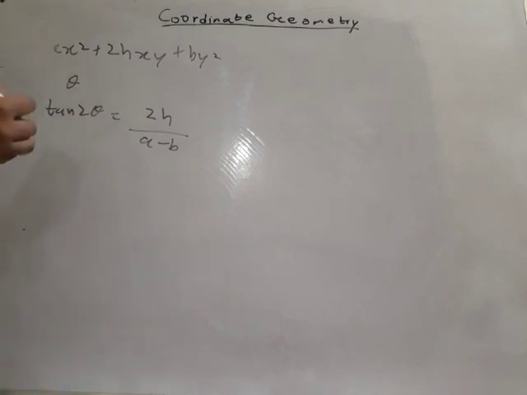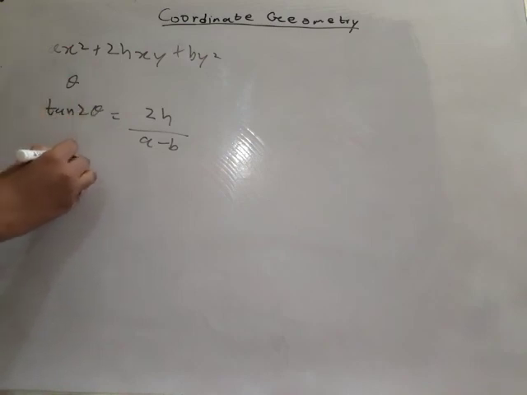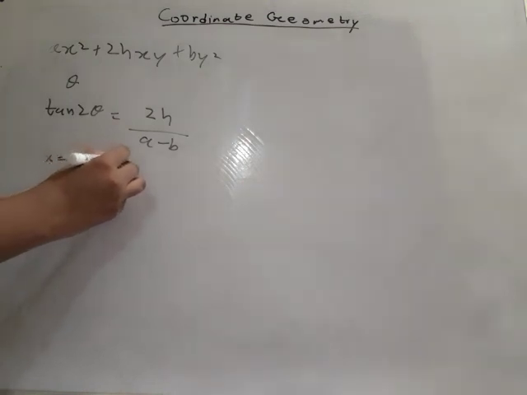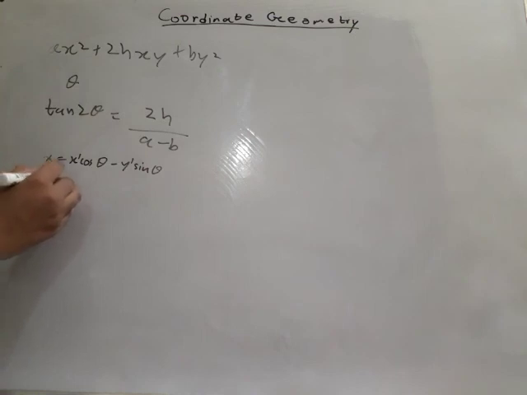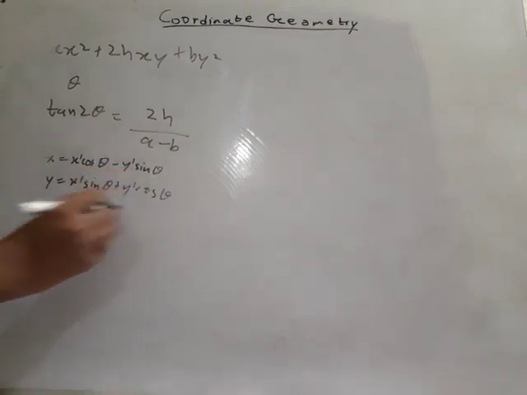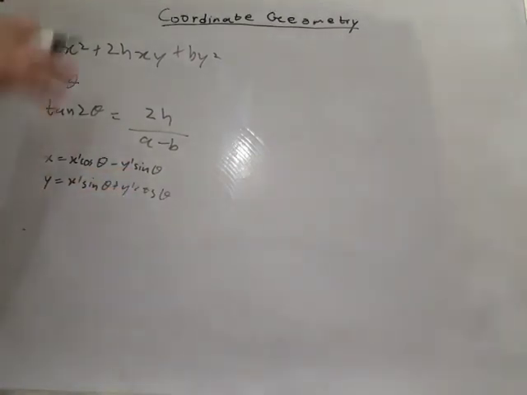So in place of x we will put x dash cos theta minus y dash sin theta, and in place of y we will put x dash sin theta plus y dash cos theta, and we will get the new equation which will not have the term xy.